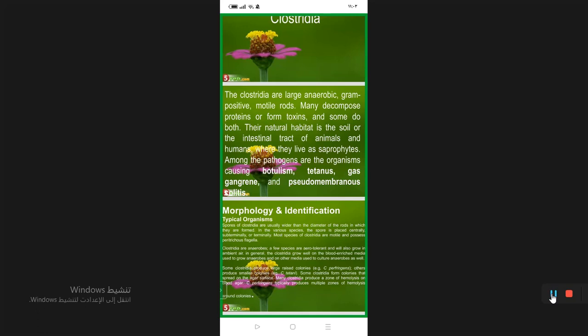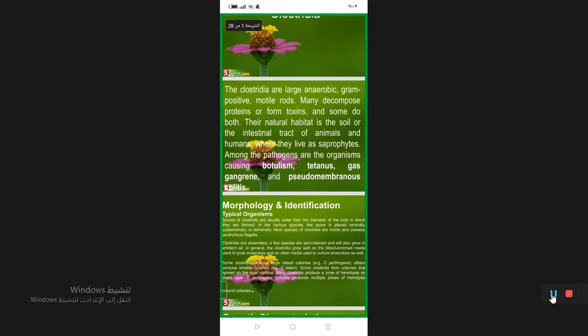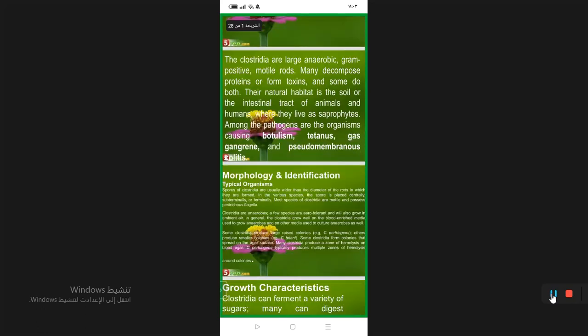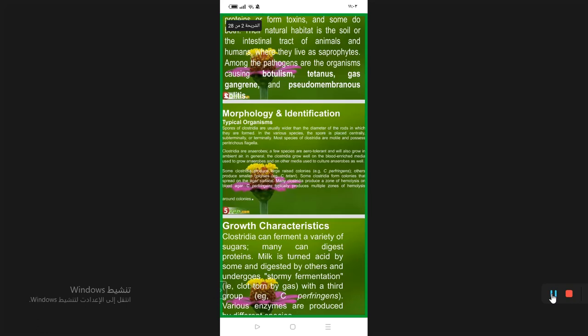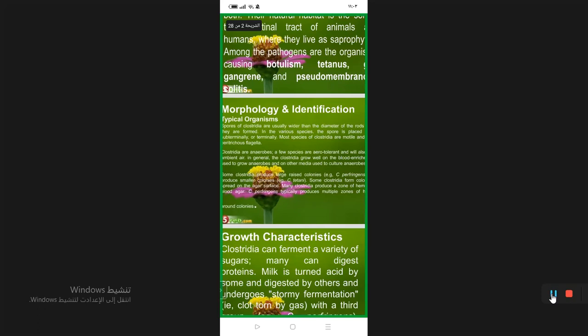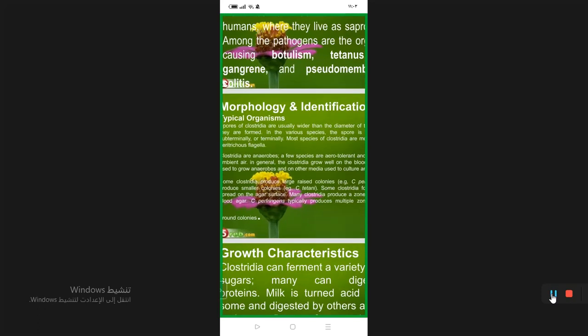Among the pathogens are the organisms causing botulism, tetanus, gas gangrene, and pseudomembranous colitis. Now we study the morphology and identification of this organism. A typical organism: the spore of Clostridia is usually wider than the diameter of the bacilli.